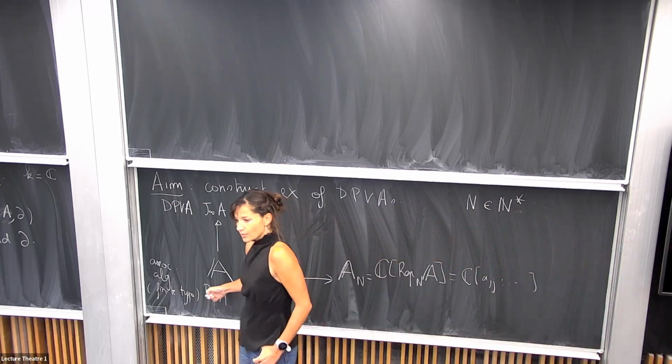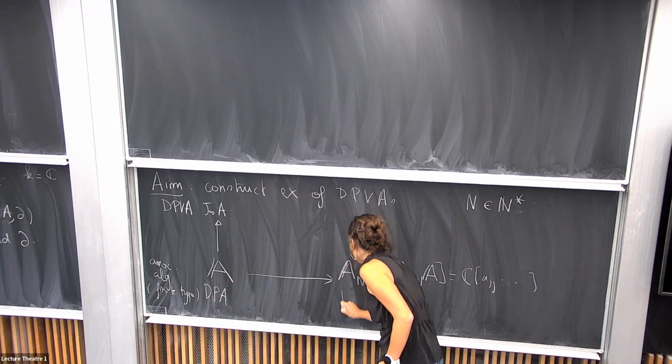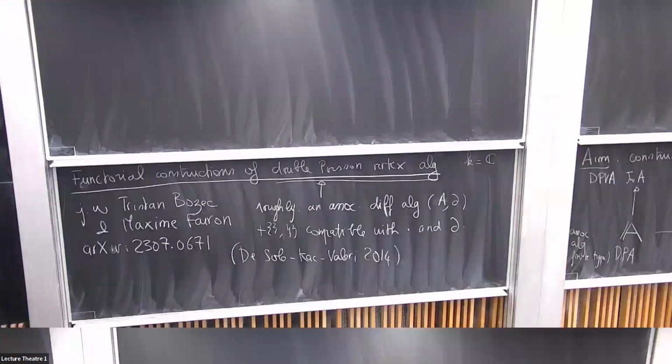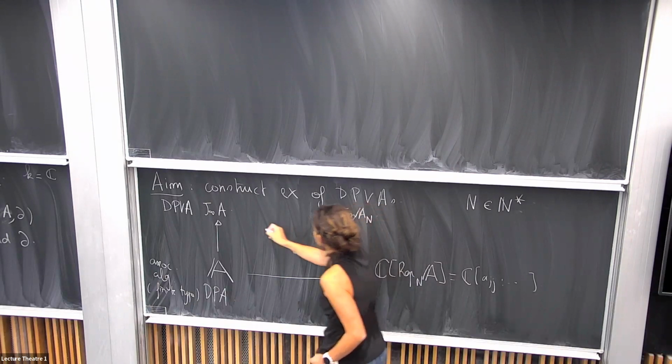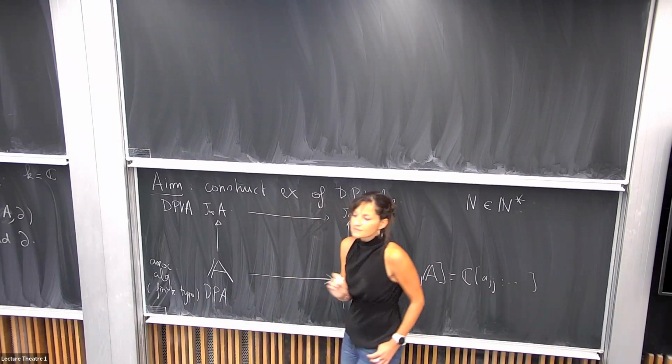If you start with a double Poisson algebra, you get a Poisson algebra. So you can also do the jet algebra construction here, and what we want to explain is, first of all, that this diagram commutes.